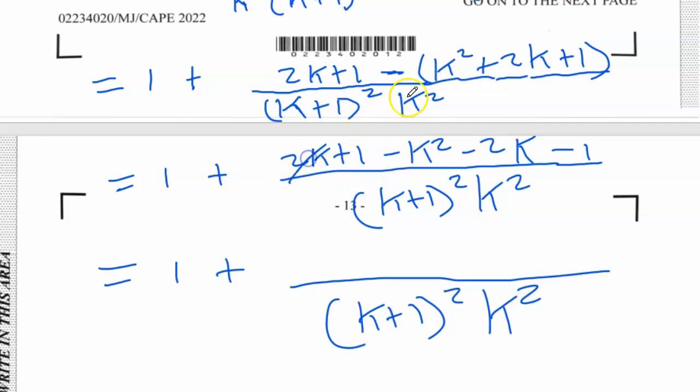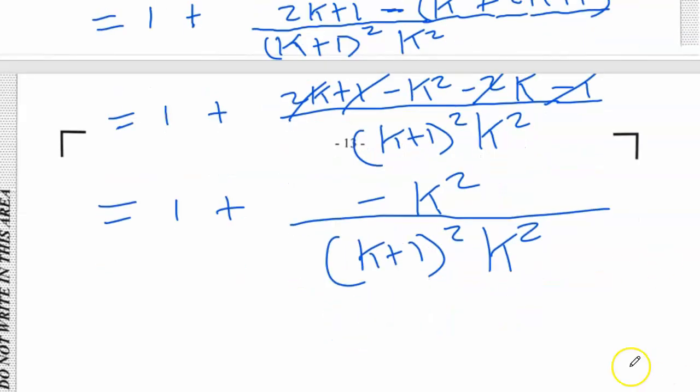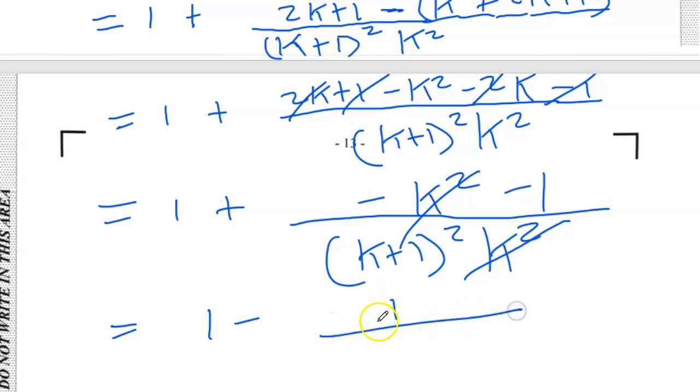Continuing, I'm left with 1 plus the same common denominator, (k plus 1) all square, k square. Now 2k cancels negative 2k. Positive 1 cancels negative 1. So all I'm left with is just negative k square. And of course, negative k square over itself gives minus 1. So I can rewrite this as 1 plus negative 1, which is just 1 minus 1 over (k plus 1) all square.